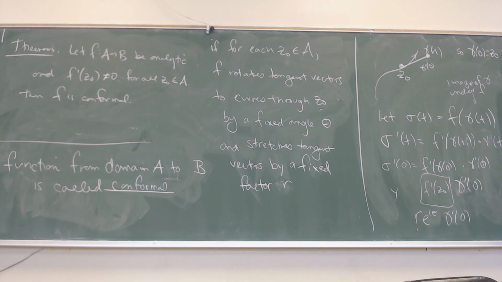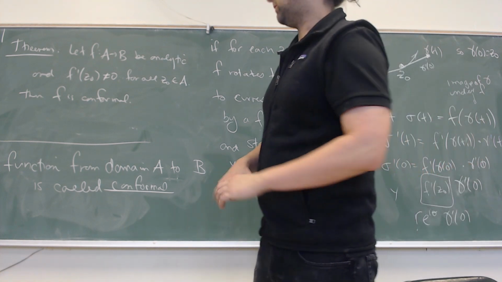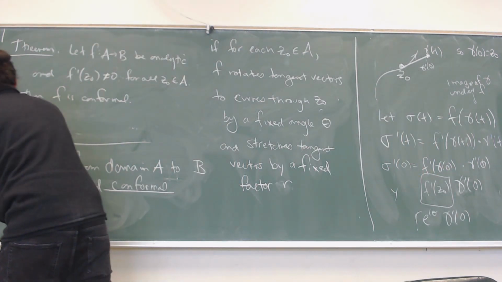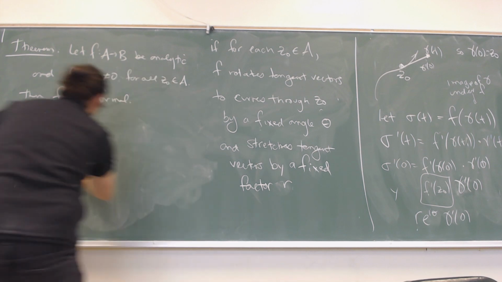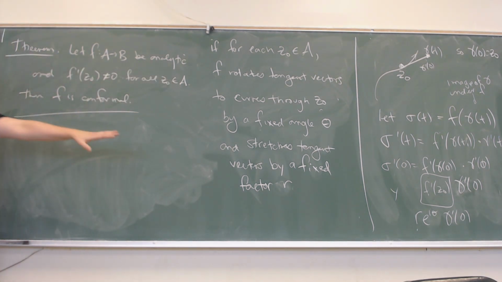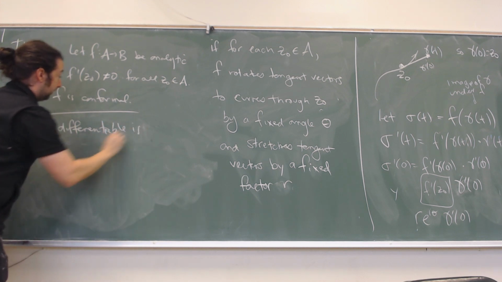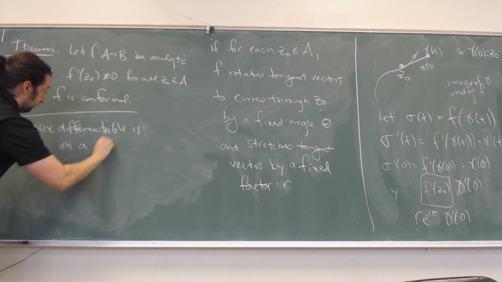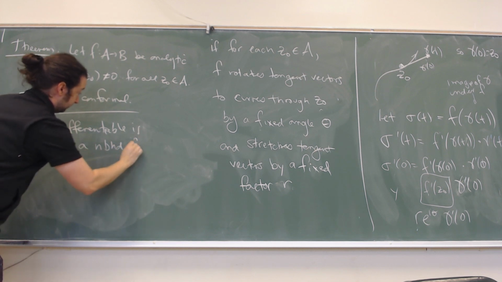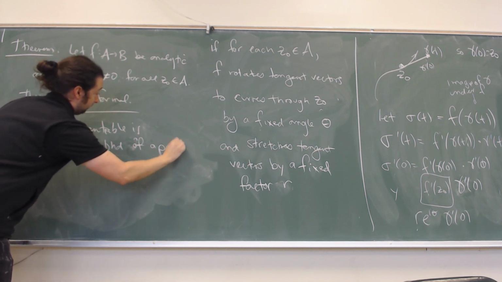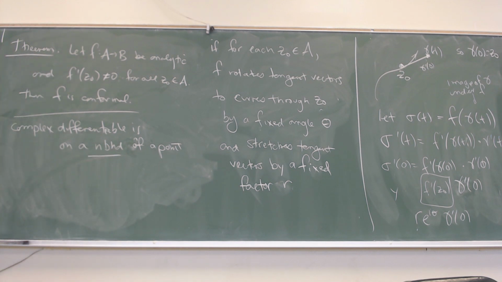Was it possible to be complex differentiable only a couple times? No. Complex differentiable is a condition that is defined on, so yeah, let's remind ourselves about that because that's an important point. So the big idea of complex differentiability and why this is so important is that complex differentiability is on a neighborhood of a point. So you always have an infinite number of places where things are differentiable.